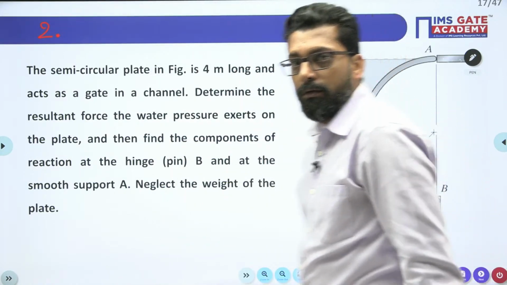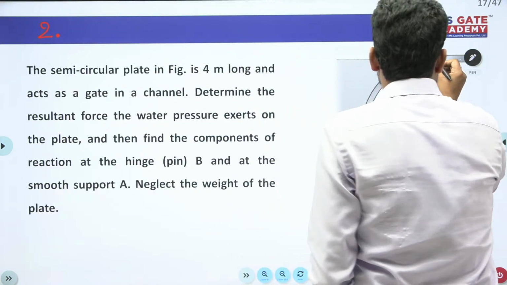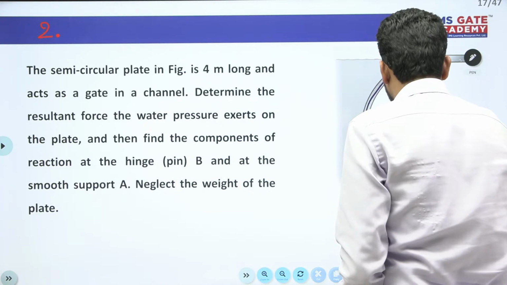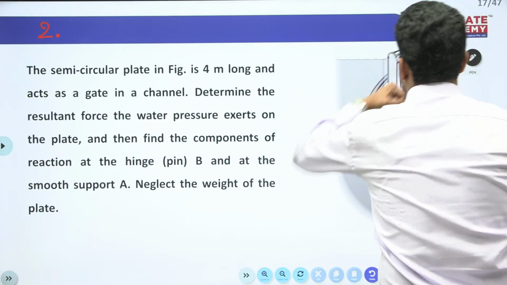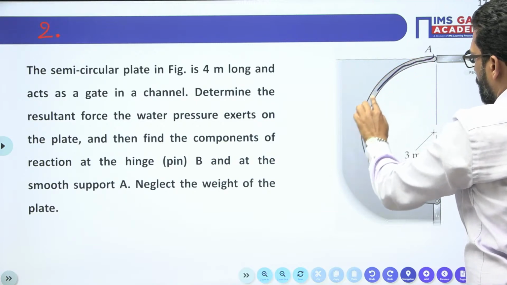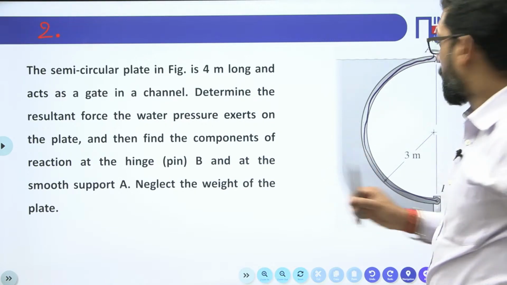Now, see the semicircular plate. This is your semicircular plate, right?